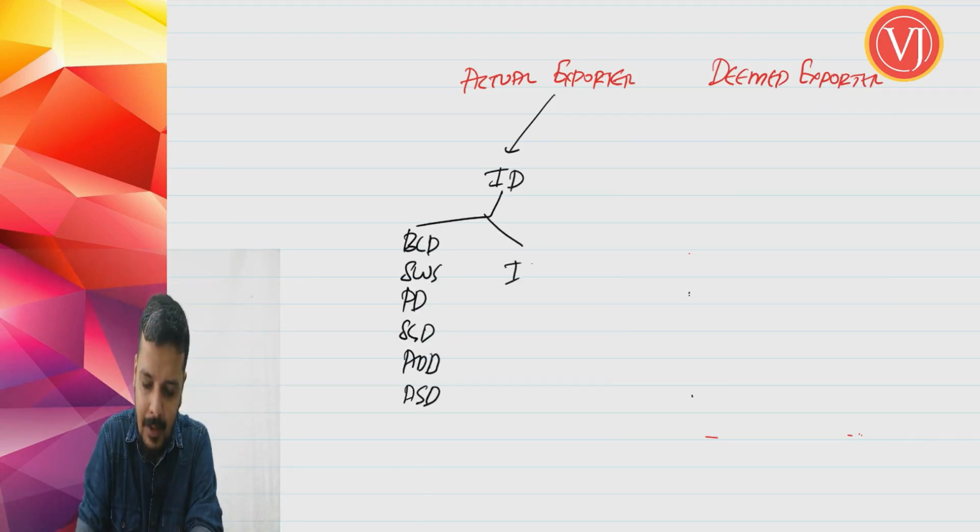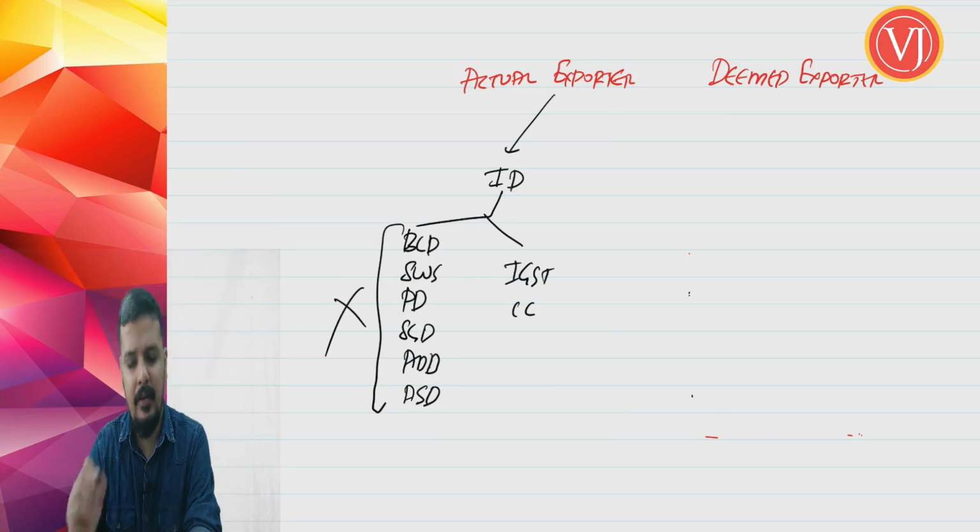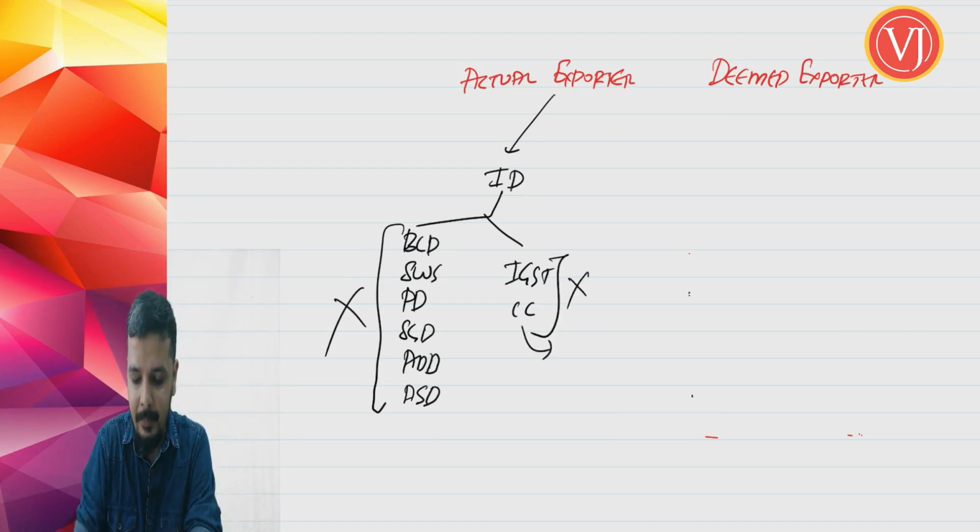He will also not pay IGST and compensation cess. But the difference is, he is not going to pay all these duties without any limit, without any restriction. The benefit of not paying IGST and compensation cess is only up to 31st of March 2021.